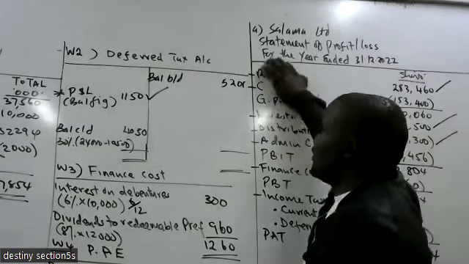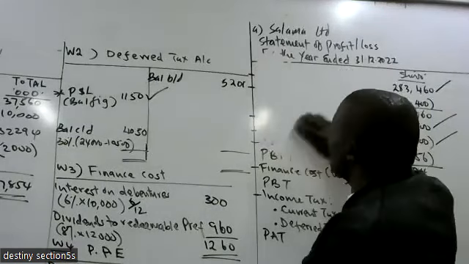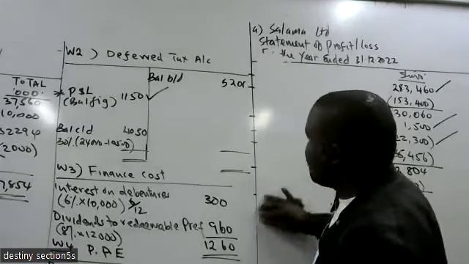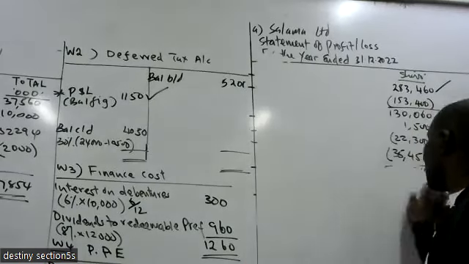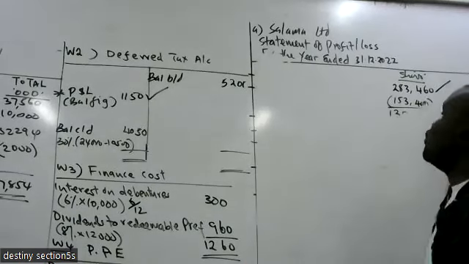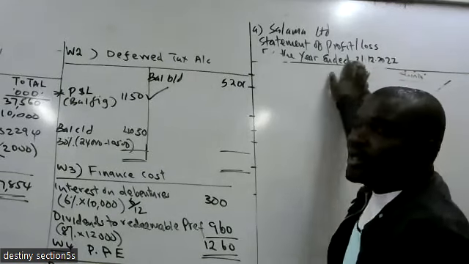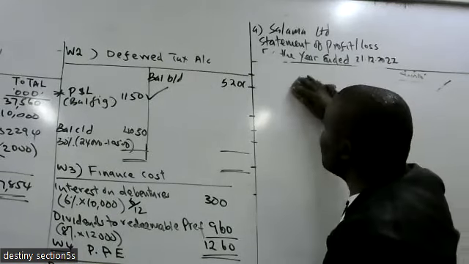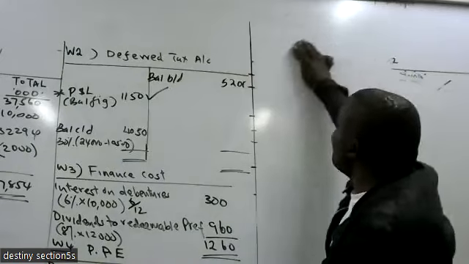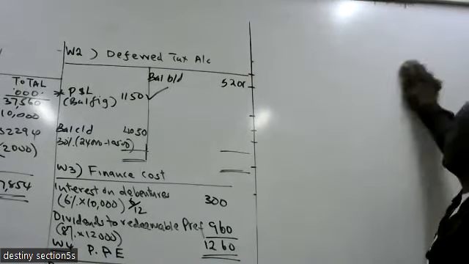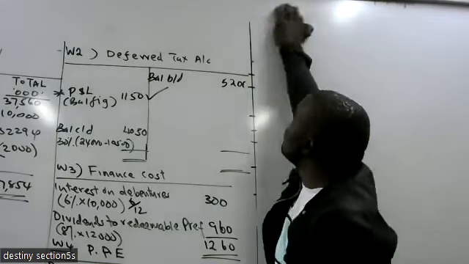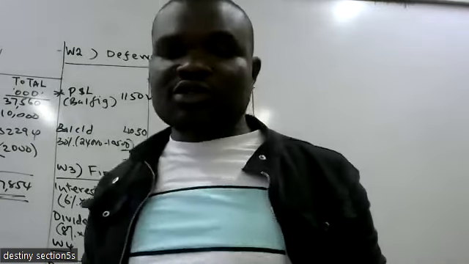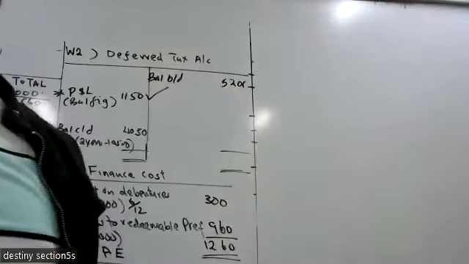You will provide it as a disclosure, not to be recognized. We don't recognize. Those are the current new issues in financial reporting. Proposed dividends is not recognized until it is paid.